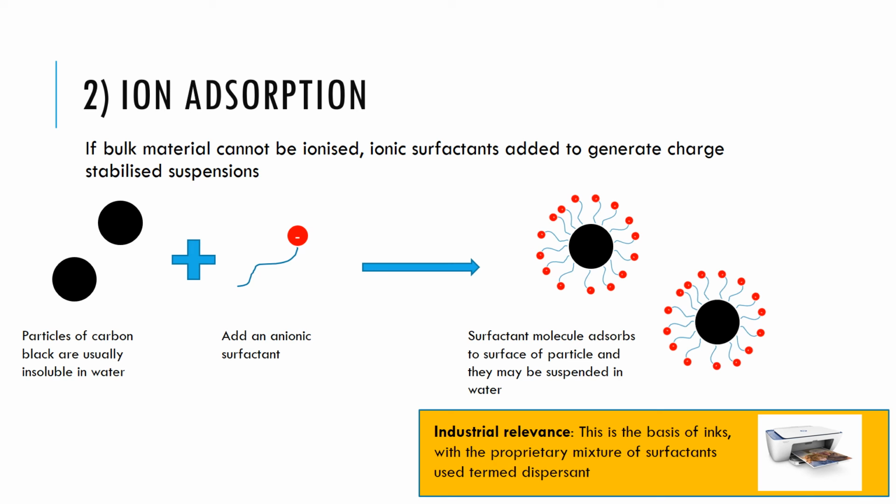Now that makes sense because they don't want to be in water and they'd rather be in contact with the hydrophobic carbon black particles. And of course, if you look at the structures on the right, it leaves those hydrophilic head groups pointing towards solution. Now they want to be in water. So what you do there is two things. Number one, you solubilize the carbon black particle, because the outside of the particle is now effectively negatively charged and is happy to be in water.